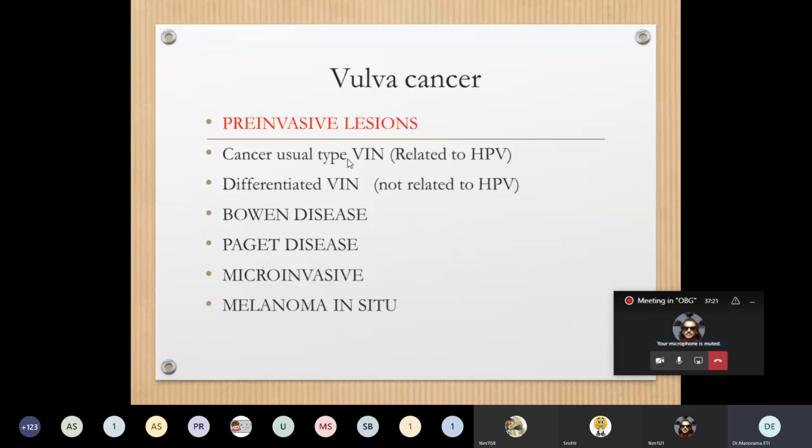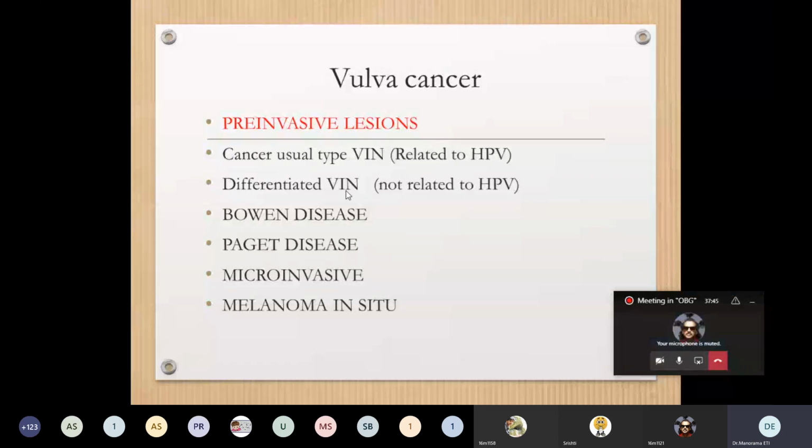So pre-invasive lesion, we all know the terminology itself is self-explanatory. It is nothing but where the dysplastic or the cancer cells are limited to the epithelium only and have not breached the basement membrane. These pre-invasive lesions are again divided into usual type VIN and differentiated VIN.